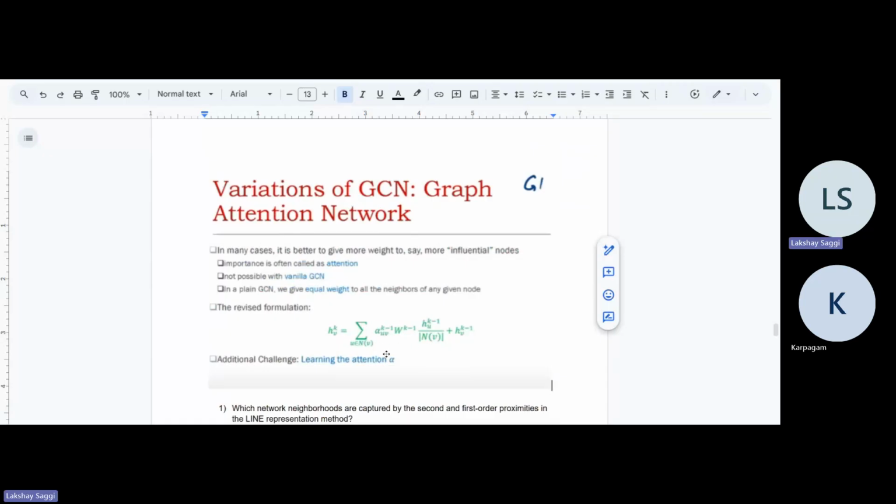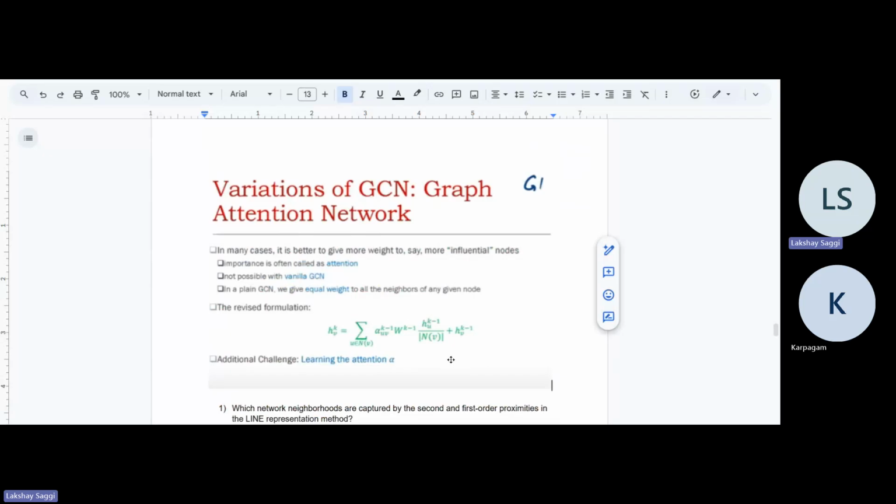You use these weights to aggregate all the embeddings received from the k minus one iteration from the neighbors and append it to the k minus one embedding. And this is your final output.